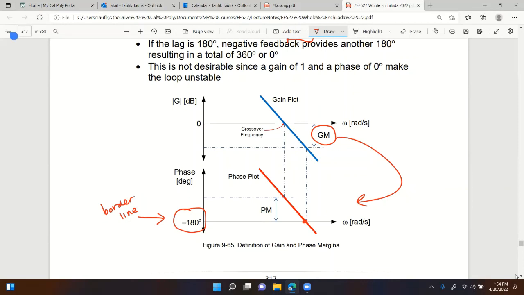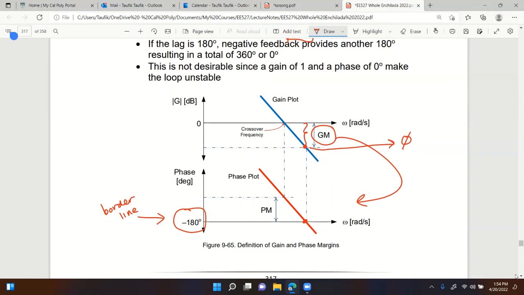So again, for gain margin, right away you look at the opposite plot, which is the phase plot. Look for the intersection of the phase plot with minus 180 degrees. And at that intersection, if you draw a straight line up, you can see the gain margin right there.